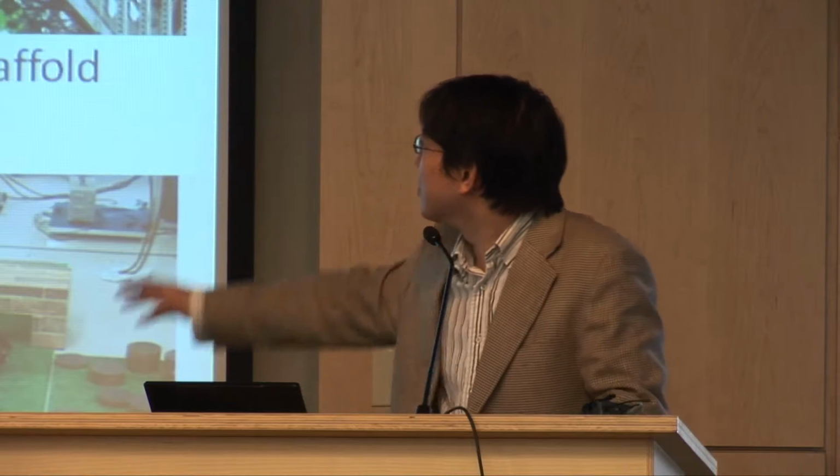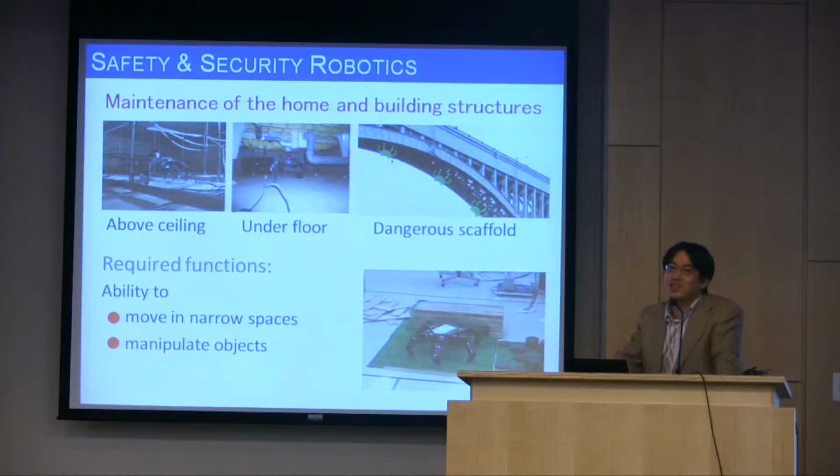The right figure shows a very dangerous situation where the human worker also cannot work, and it is very tough work. So we want to apply our robot to these applications.